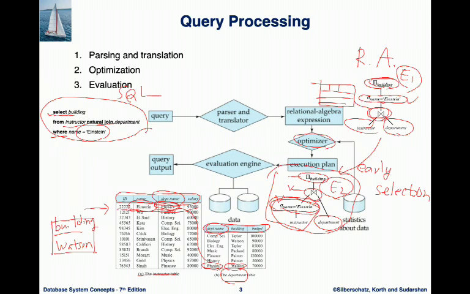So we will also specify what exact algorithm we are going to use for each operation. So for selection, we are going to use this algorithm. For this join, we are going to use that algorithm, and so forth. So we are going to annotate the relational algebraic expression with more details, including the algorithm to use. And such a thing is called the execution plan.